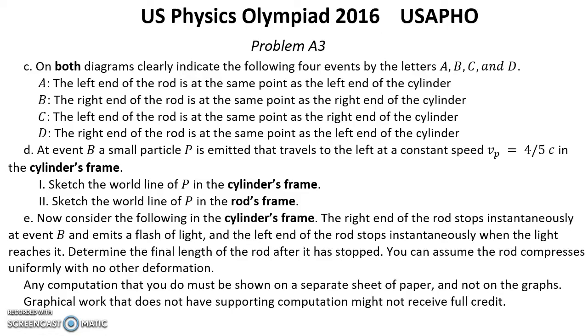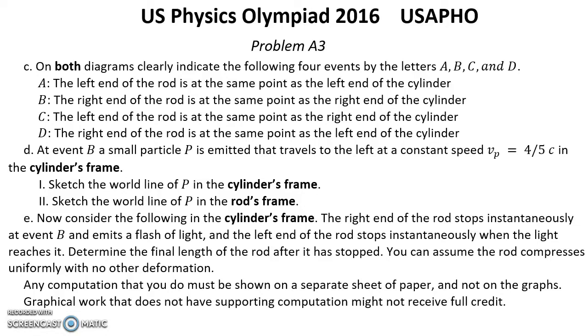B. The right end of the rod is at the same point as the right end of the cylinder. C. The left end of the rod is at the same point as the right end of the cylinder. D. The right end of the rod is at the same point as the left end of the cylinder.